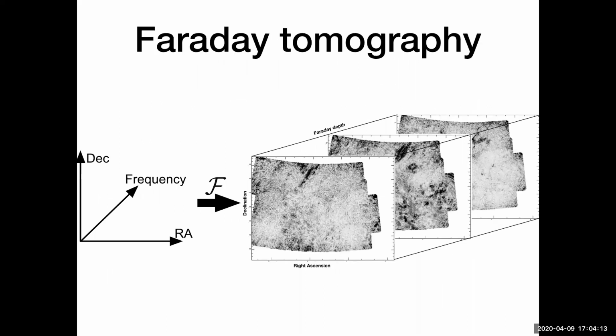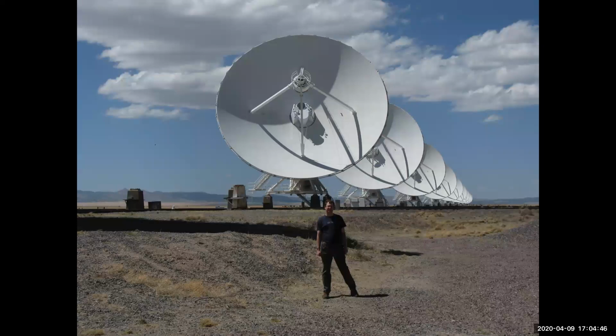This method can be somewhat generalized in the sense that you can do it not just for single lines of sight, but for the entire sky, which is a technique we call Faraday tomography, where we can map out Faraday rotation across huge chunks of sky to learn quite a bit more about the Faraday rotation behavior over large chunks of our own galaxy. And that is where I think I'm going to end things.